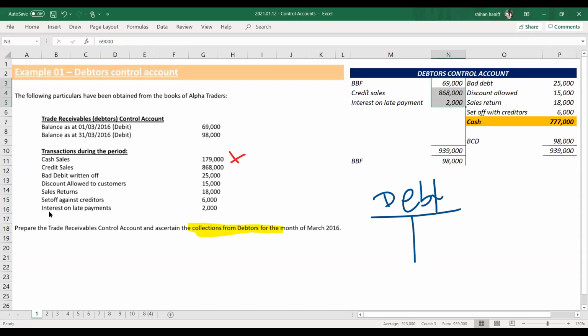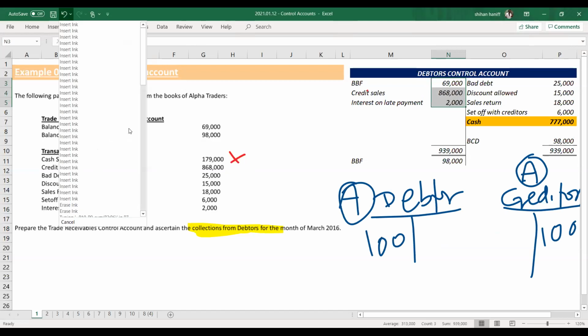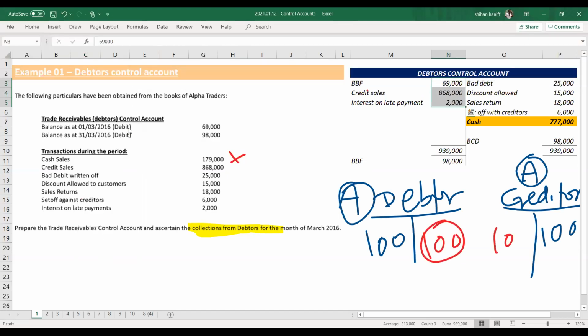So let's say it's for the same person. A is a debtor as well as a creditor. 100,000 debit, 100,000 credit. Settling to him, we can set off, credit the debtors, debit the creditors.